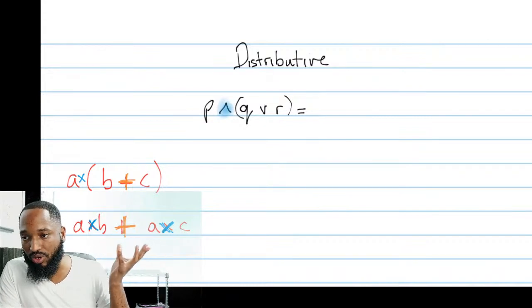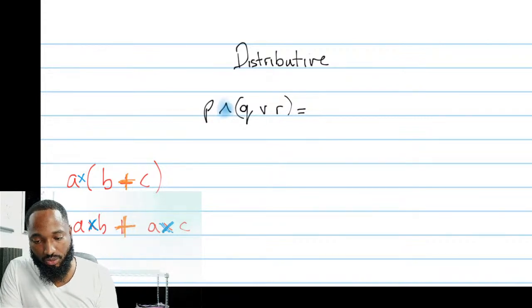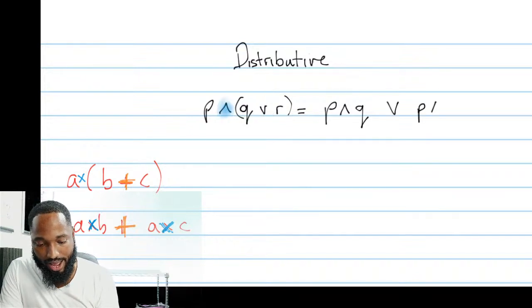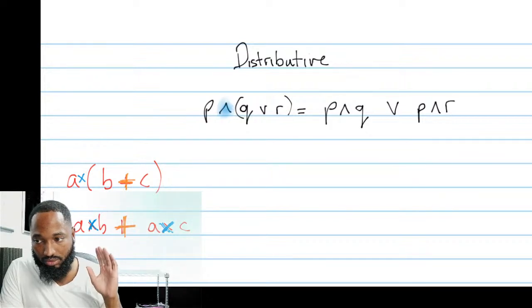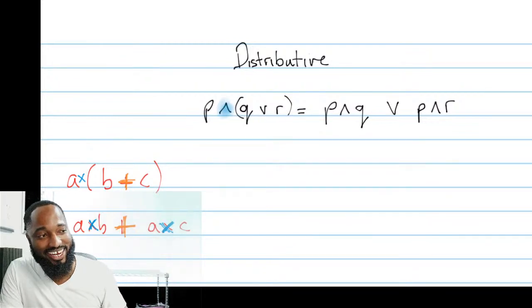So the same thing works in the distributive law for this. You'll have P and Q, and it's like you're putting back whatever was there, P and R. Know that. Very important things. Write that down.